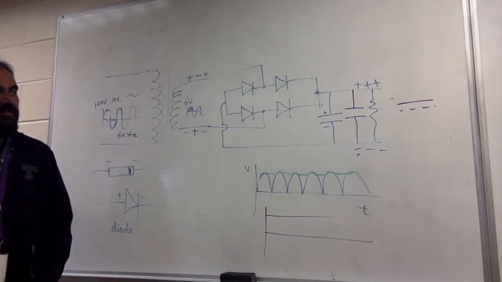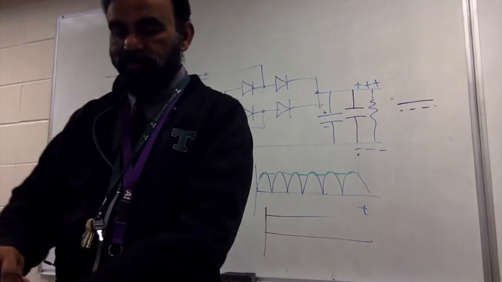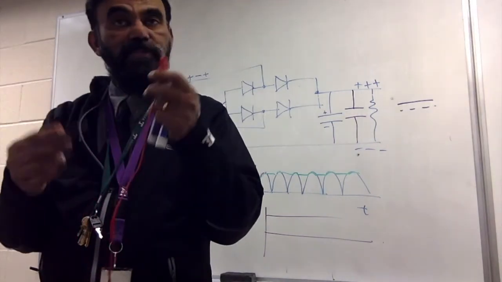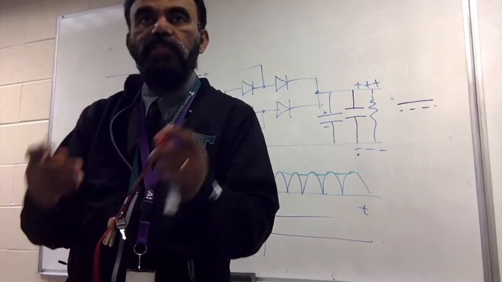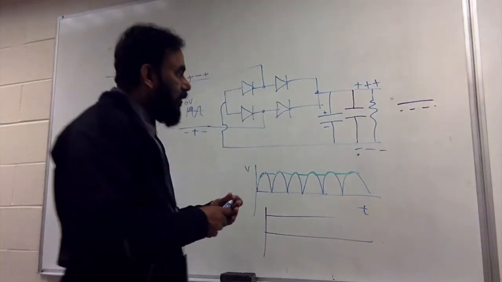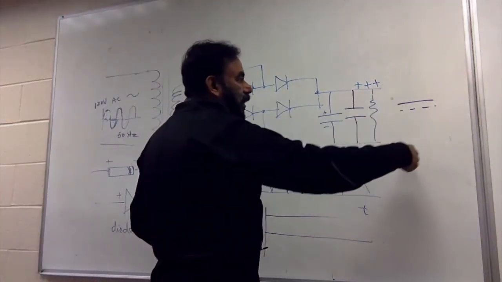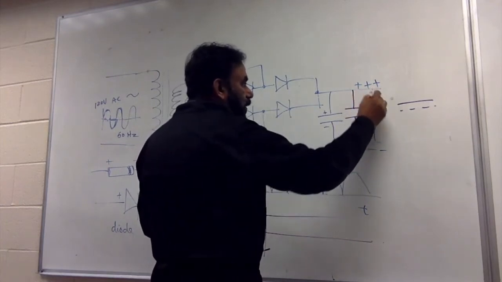That is DC, and that is what is available here. So this is always going to be plus and this is always going to be minus. If I connect anything to this, it's always going to make current flow in one direction. So if I connect this to any object, the current is always going to flow from here to here.